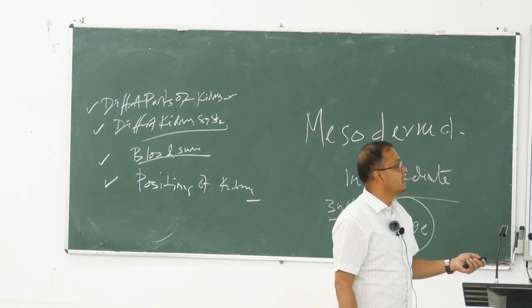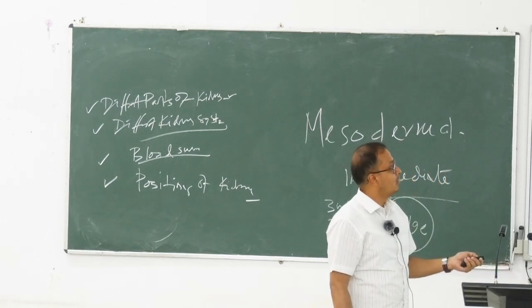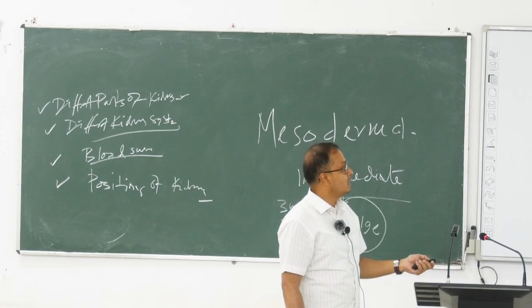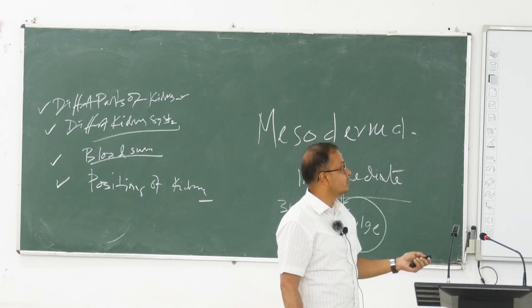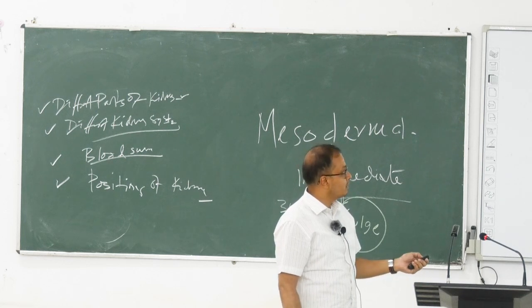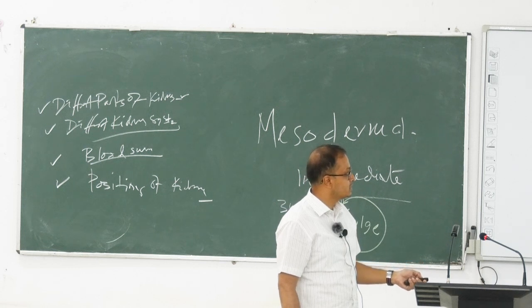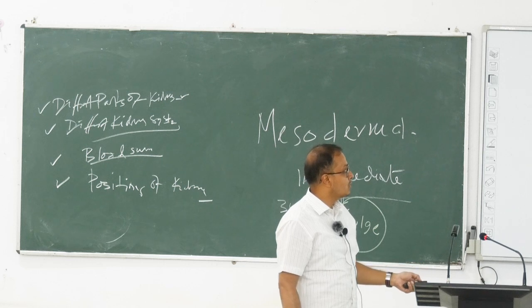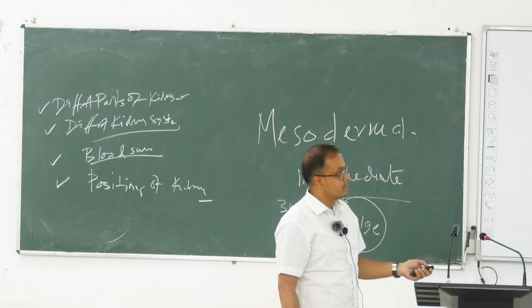It extends from the neck region of the developing embryo to the sacral region. This bulge, this mass of tissue, is known as the nephrogenic cord. It is extending from the neck region to the sacrum.